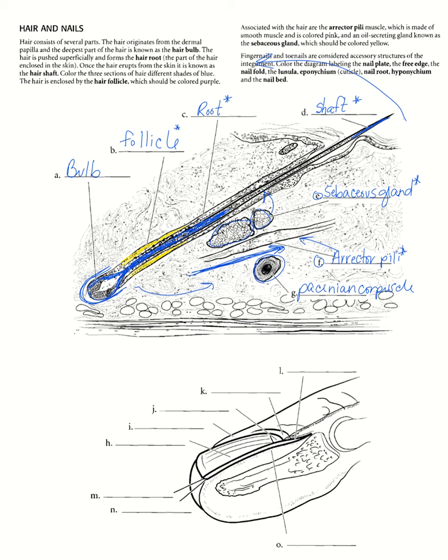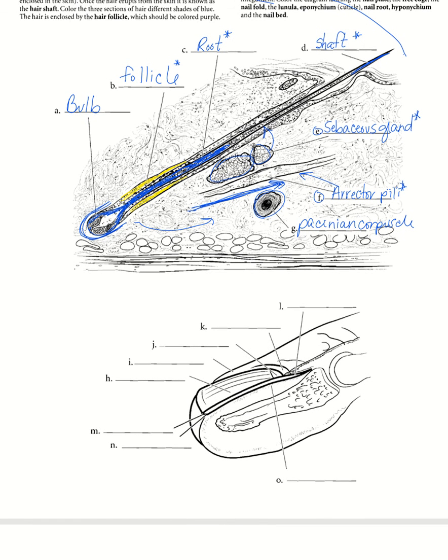So lastly, let's go ahead and talk about the nail. Quite a bit going on here. Let's start up at the top. We have our nail root. So this is where the nail is originating. We're going to have that kind of calcification going on to form that hard nail.